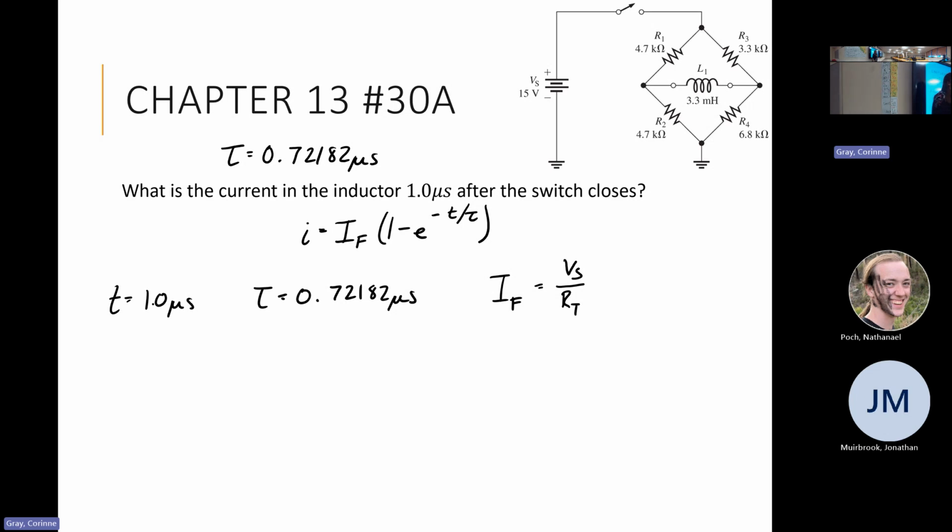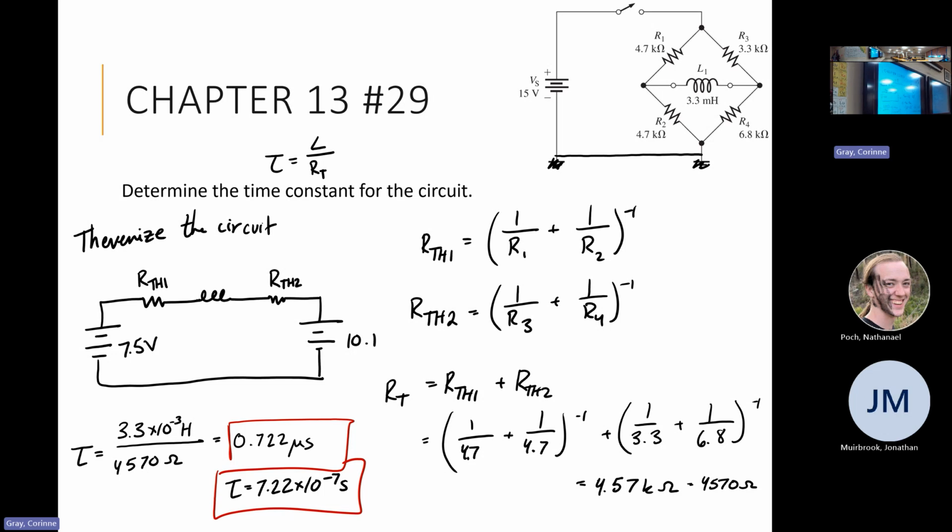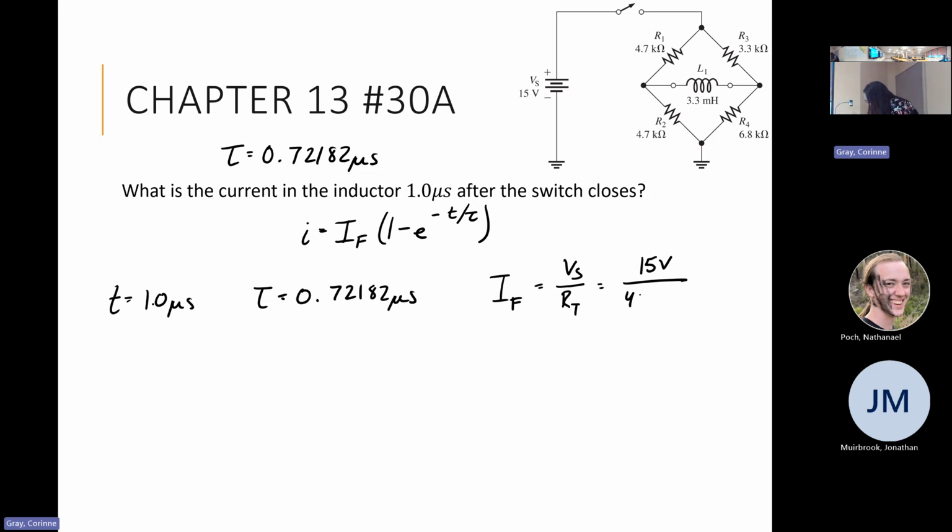We already technically found this RT value, so we can use that directly. We'd have our 15 volts divided by, technically, we should probably use the ohm value here such that our answer pops out in amps, or 4,570 ohms.